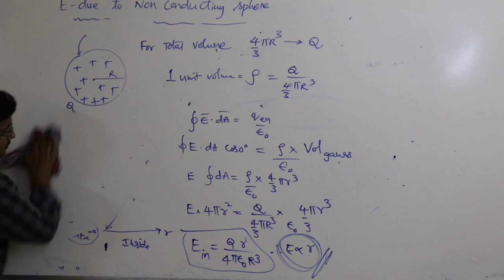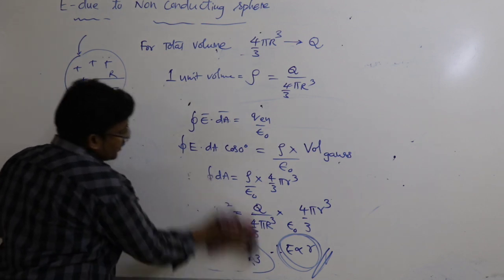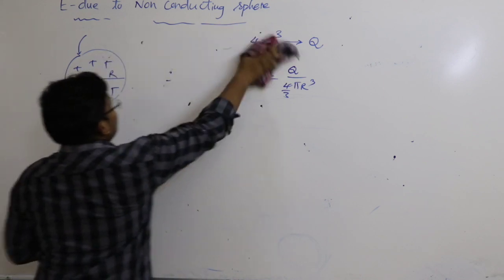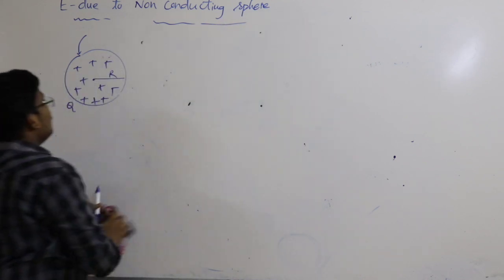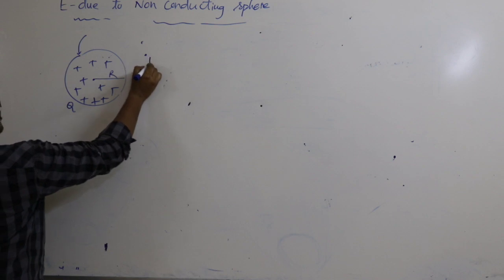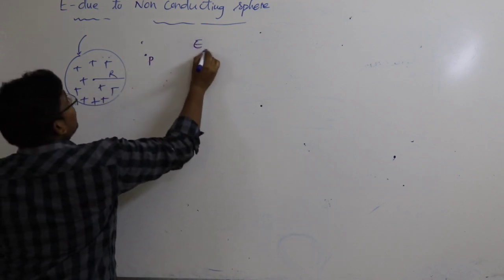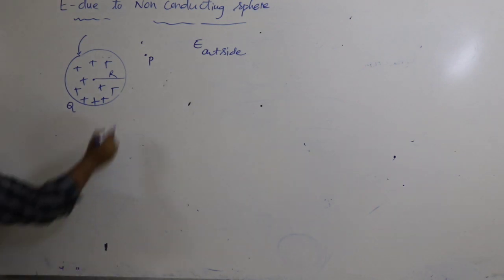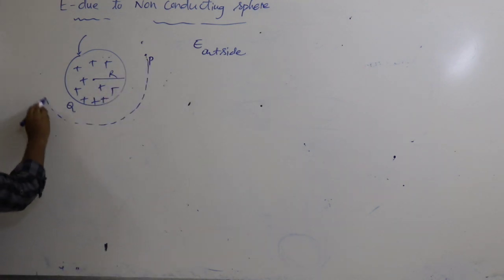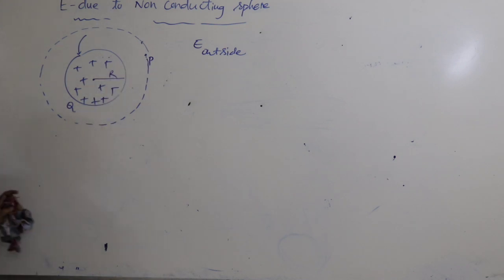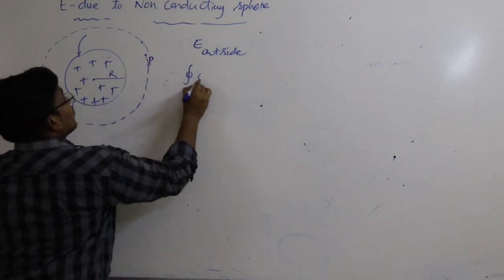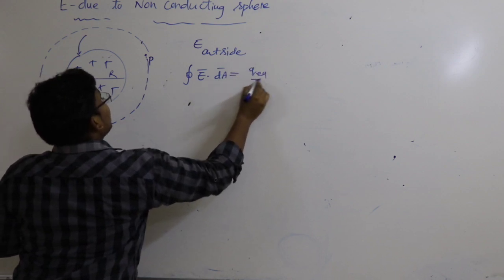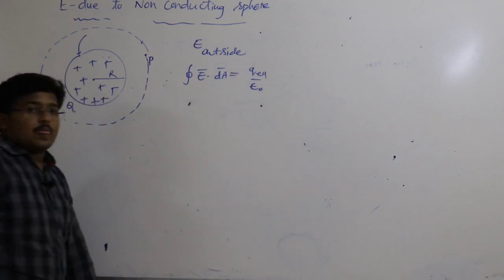Now for the same thing, we are going to find the electric field at outside points. I am taking a point P outside, so we want to find the electric field outside. At the point P we need to form a Gaussian surface. According to Gauss's law, the closed integral of E bar dot dA bar is equal to the charge enclosed by epsilon naught.